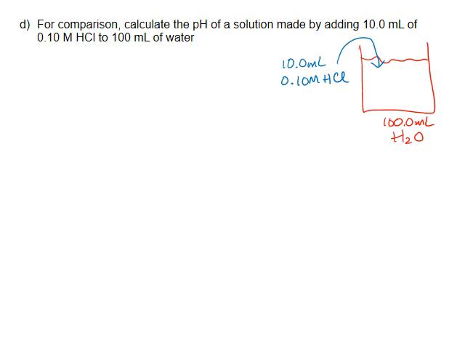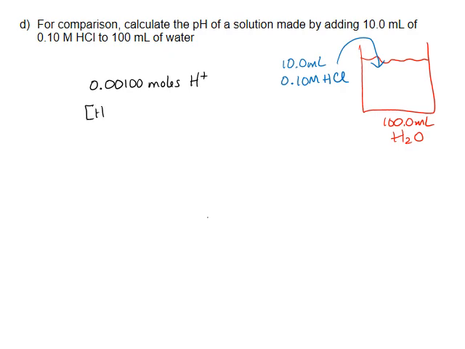We've already seen that this amount of HCl is 0.001 moles of H+. When we add that H+ to the water, there's nothing for it to react with, so it stays as H+.